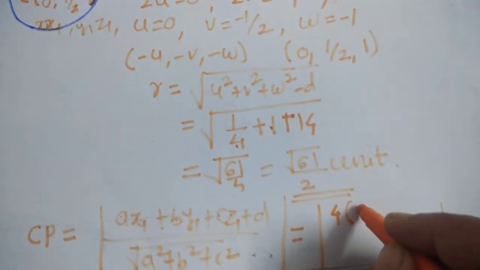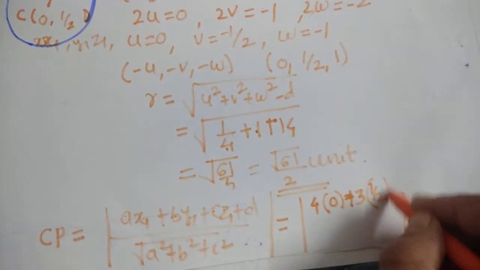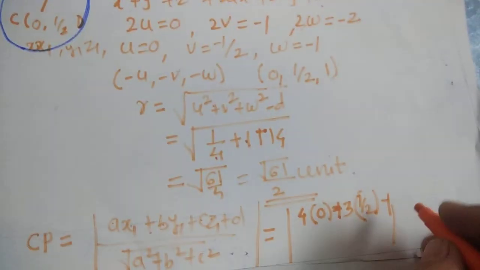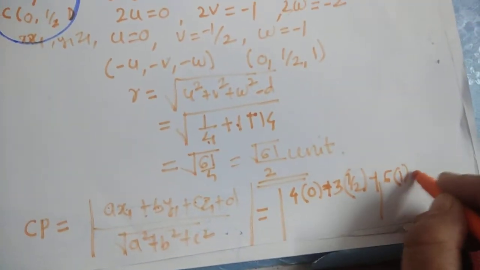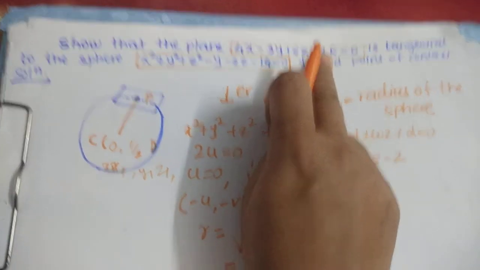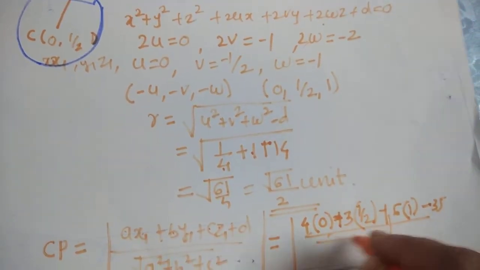Now, here 4 into 0, because x1 is 0. Now plus B. B is here minus 3, so I am taking minus 3 into y1, which is 1 by 2. Then next plus C. C is 6, 6 into z1, which is 1. 6 into 1 and D. Now here this D is minus 35, upon A square plus B square plus C square.